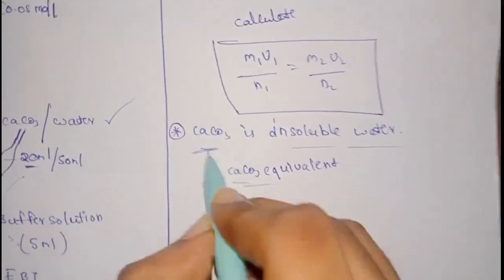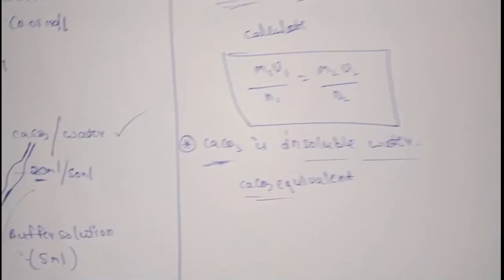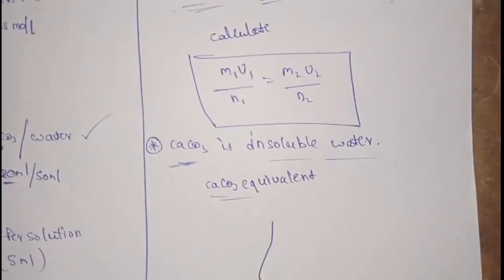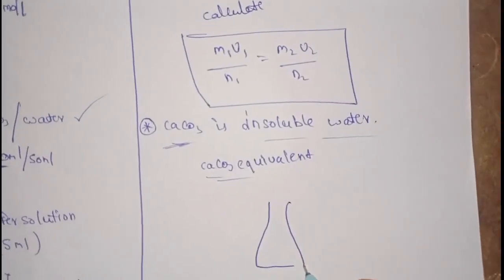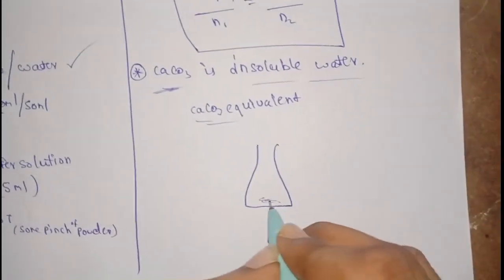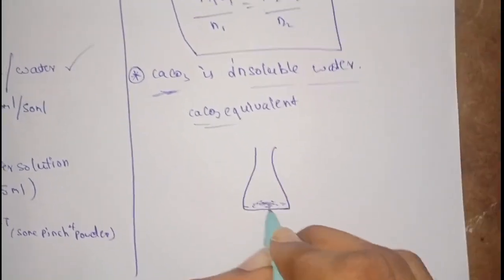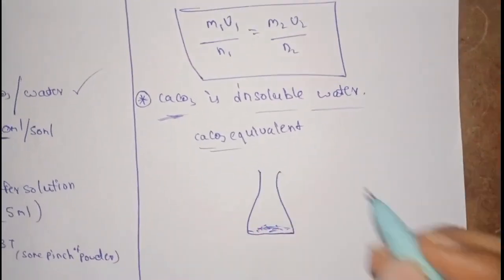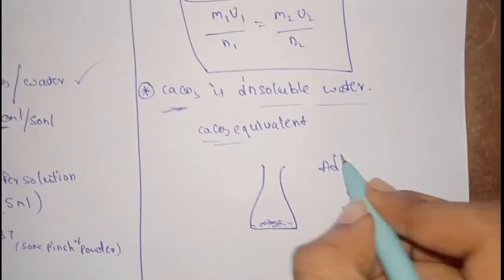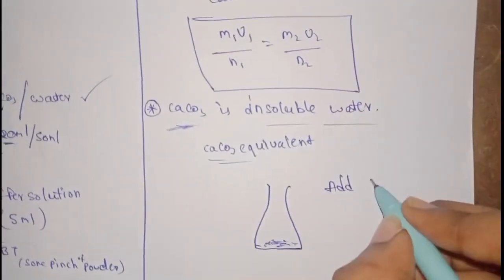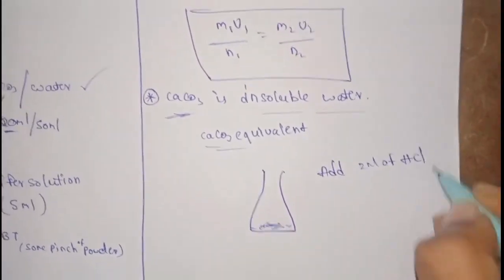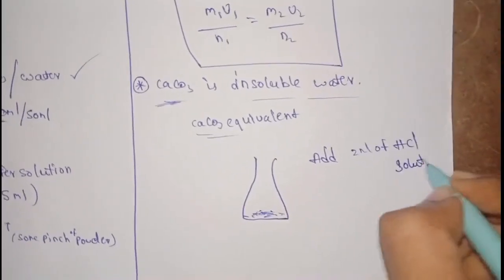So we have to dissolve it in water in the conical flask. First we add some powder of calcium carbonate salt, then we add 1 or 2 ml of HCl solution.